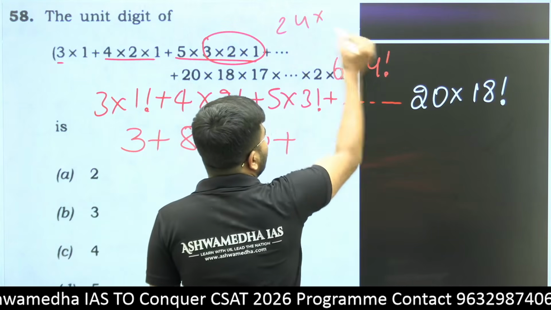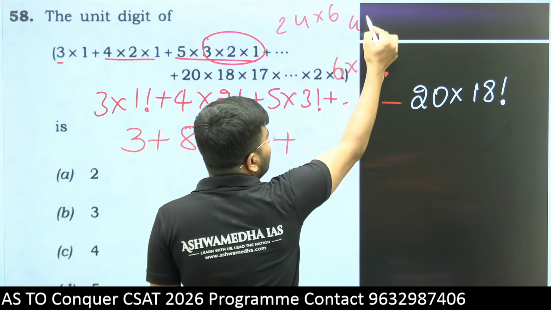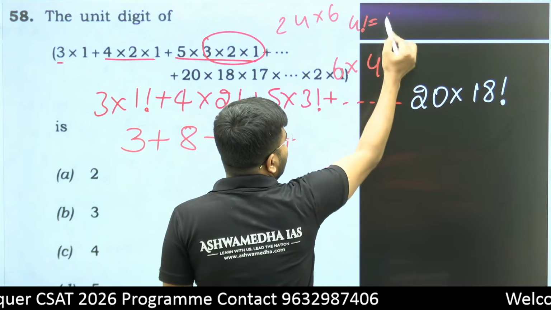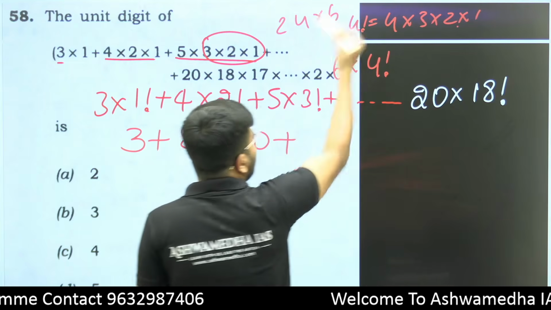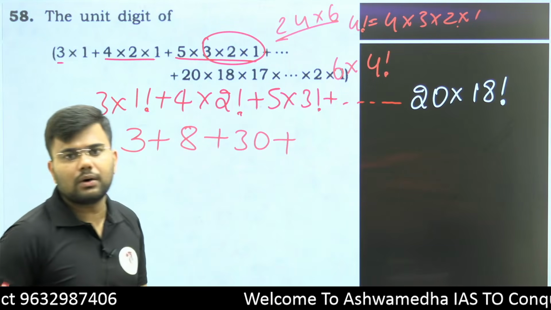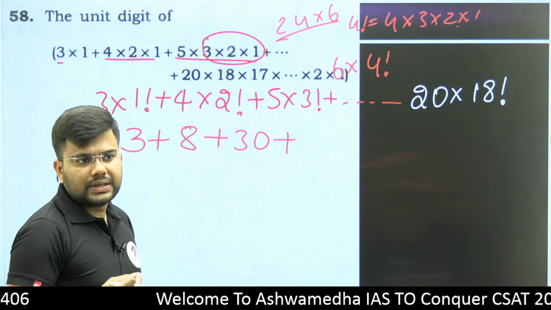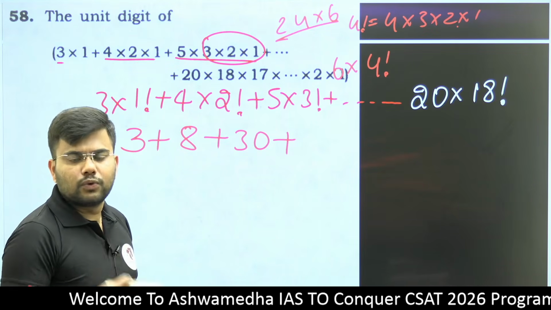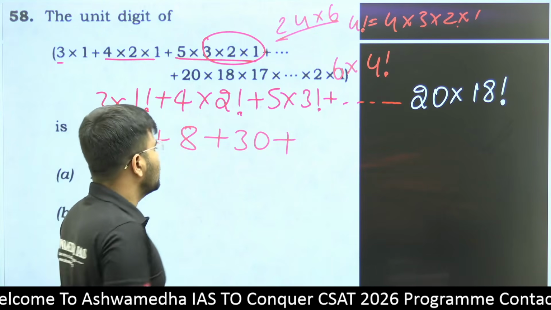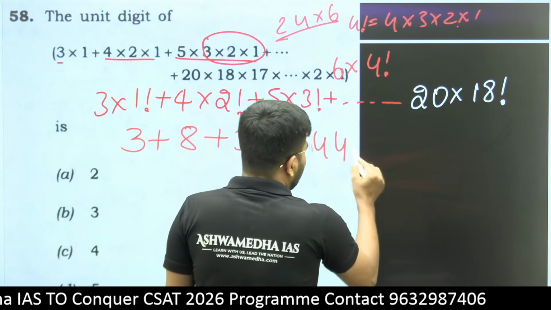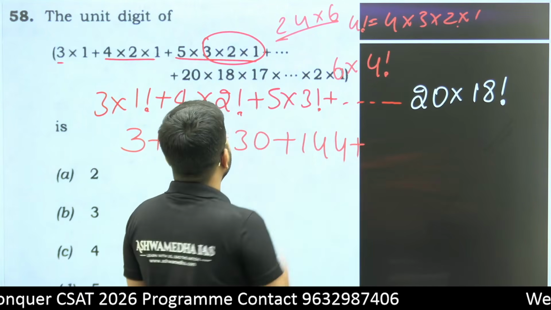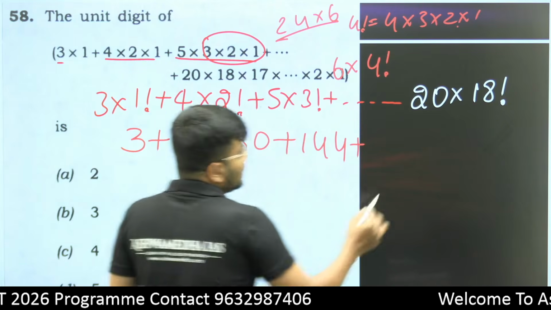Everybody knows 4 factorial is 4 into 3 into 2 into 1, which is 24. 24 into 6 is 144.